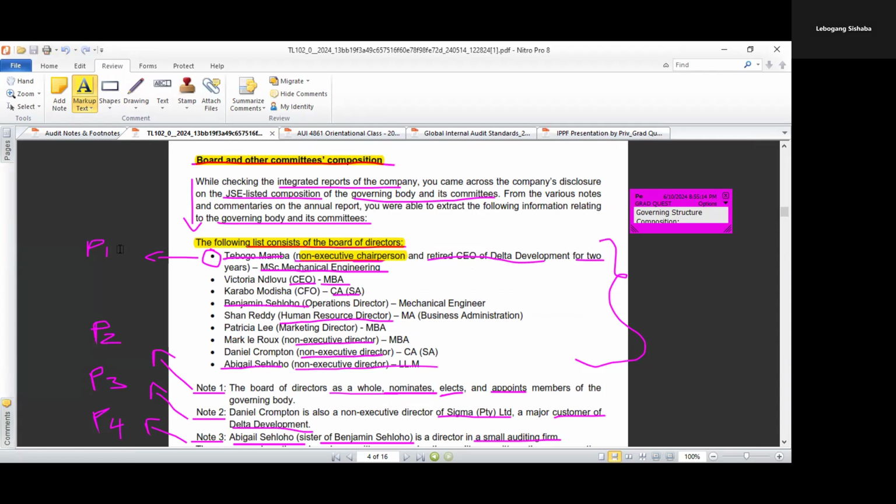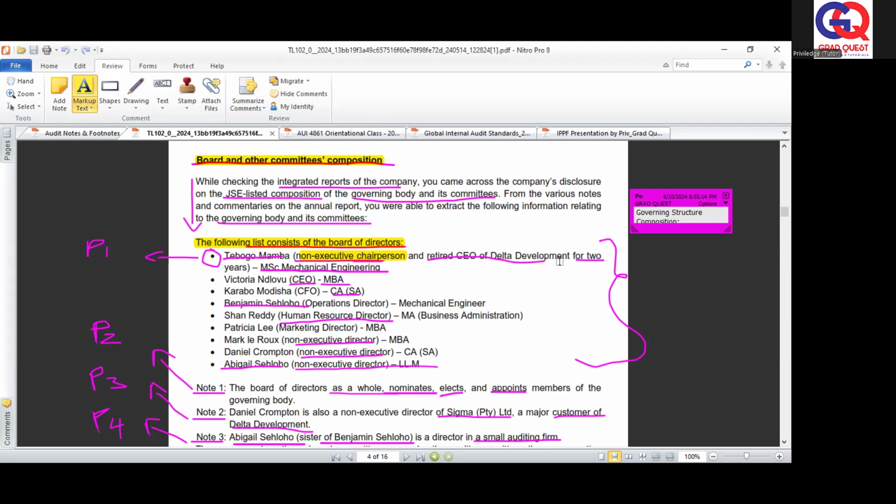Yes. Now, can I ask a question? Yes, please go ahead. Is he not independent because he's a retired CEO of the same company? Definitely, that's another element. Yeah, it's because he's a retired CEO who has not yet satisfied the 3 years tenure.